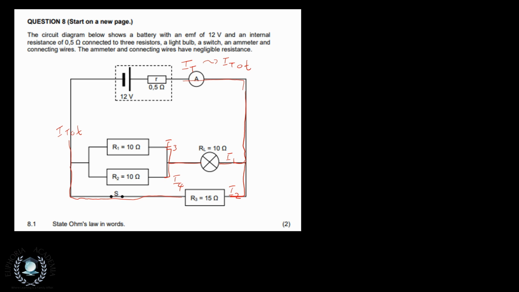So there's going to be a potential drop here, another potential drop here, and a potential drop there, but essentially the potential difference across R3 and this light bulb will be the same. Maybe we'll call that VP1, and then here we're going to have the same potential difference, and we'll just call that VP2. With understanding what's happening in this circuit, I think we can get a move on.